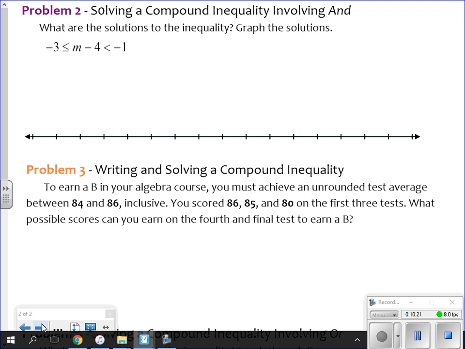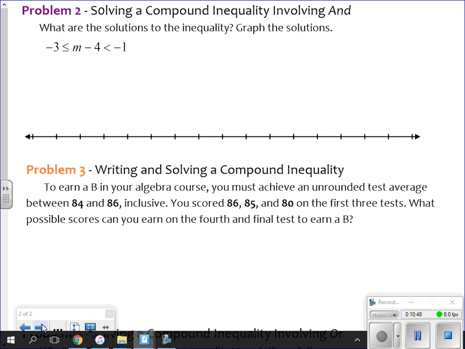Now, you can break this into two problems and solve each problem individually. If I had you doing number 9 on your homework, that's the only way to do it. I'm not making you do it on your classwork because I don't want to worry about that. Here's what I like to do when I see this kind of compound inequality. It's an and. It's actually very, very easy to do.